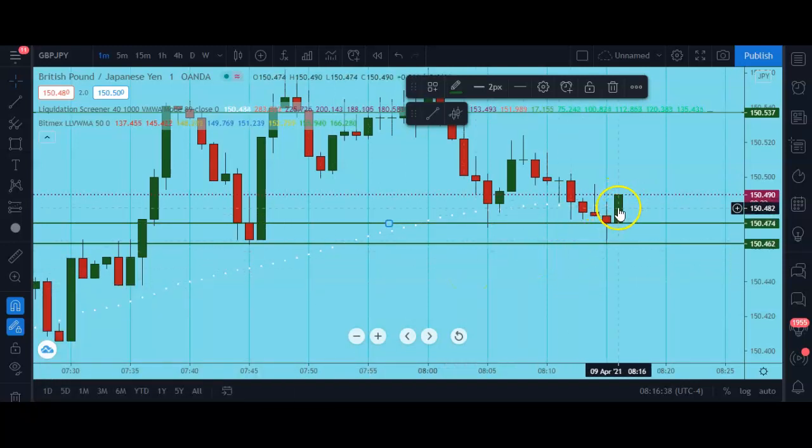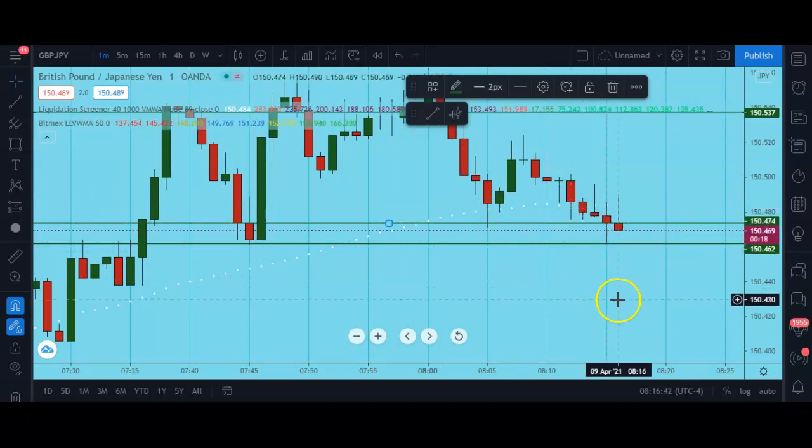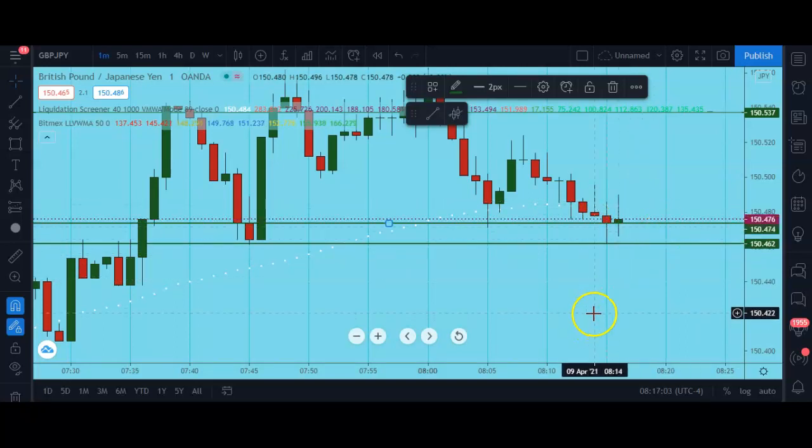Then you got a bullish engulfing candle at support. So, okay, all right, it's faking me out.